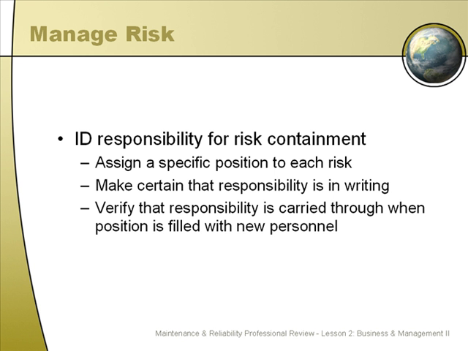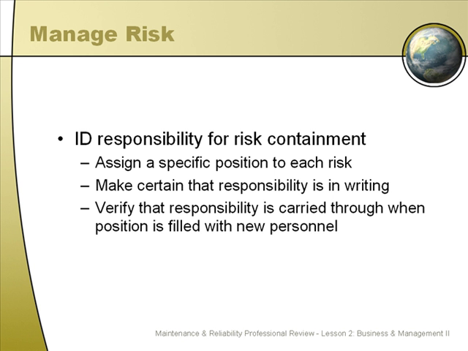Now when you take a look at that statement, notice that I say position rather than person, because as people move through their different roles and positions in the company, you want to make sure that the actual role has the responsibility, not the person. So if there's someone with a particular expertise in dealing with a certain risk, if they move on, you don't want them to always be handling the risk, even if they're in a role where it's totally inappropriate. You want to make sure that the risk containment stays with the right position.